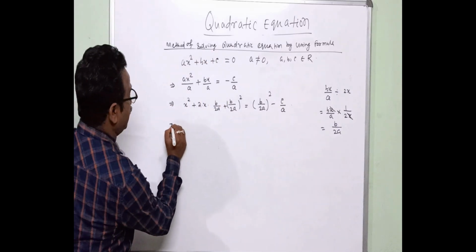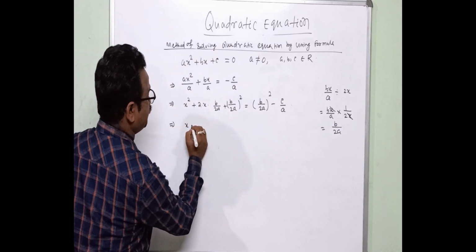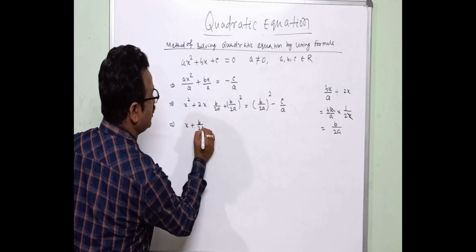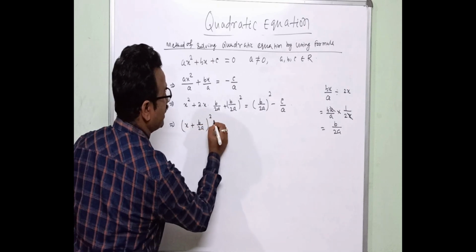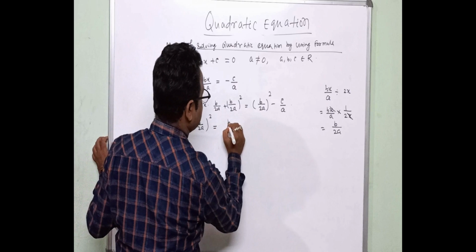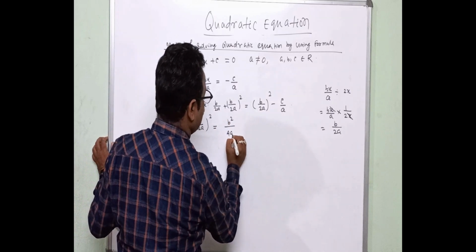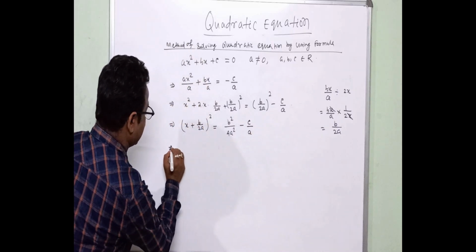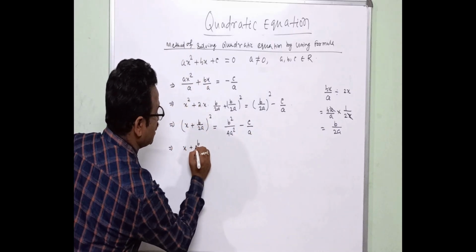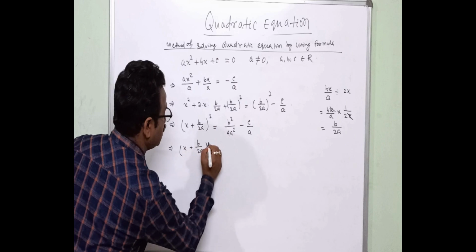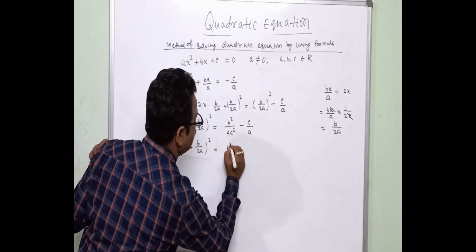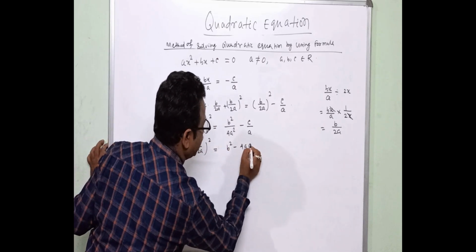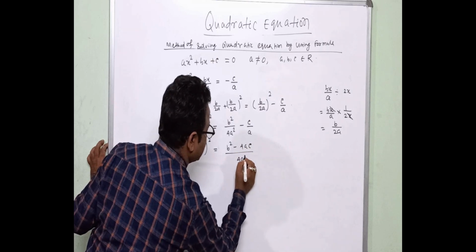Now that implies x plus b by 2a whole square is equal to b square by 4a square minus c by a. That implies x plus b by 2a whole square is equal to b square minus 4ac by 4a square.